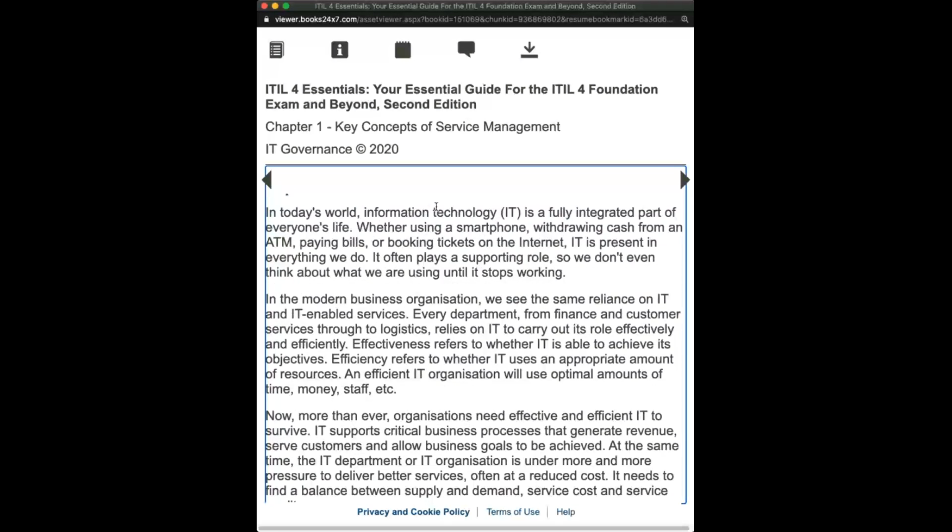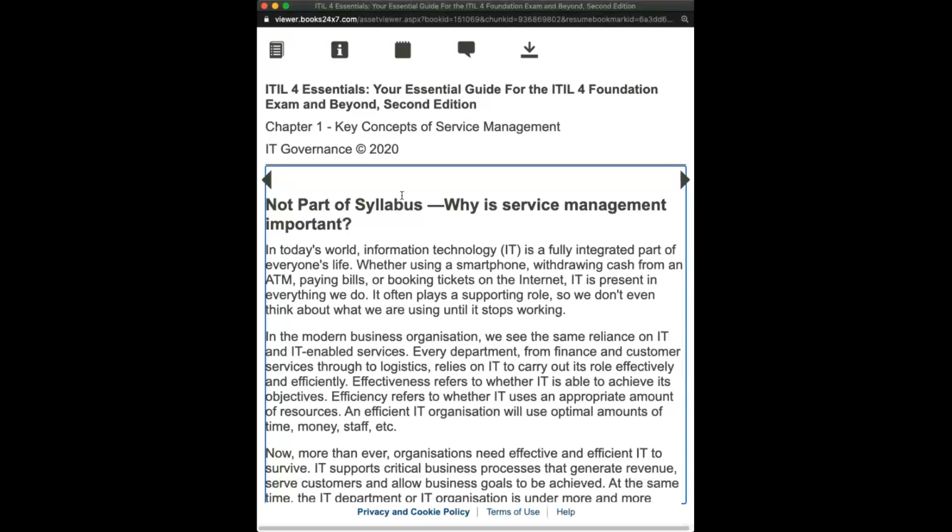So here's an example, right? In today's world, IT is a fully integrated part of everyone's life, right? When we say IT, it's not only for business or enterprise or organization. It is an integrated part of everyone's life because we consume technology almost every minute, right? Like right now we're using DingTalk as a way to conduct our class, right?